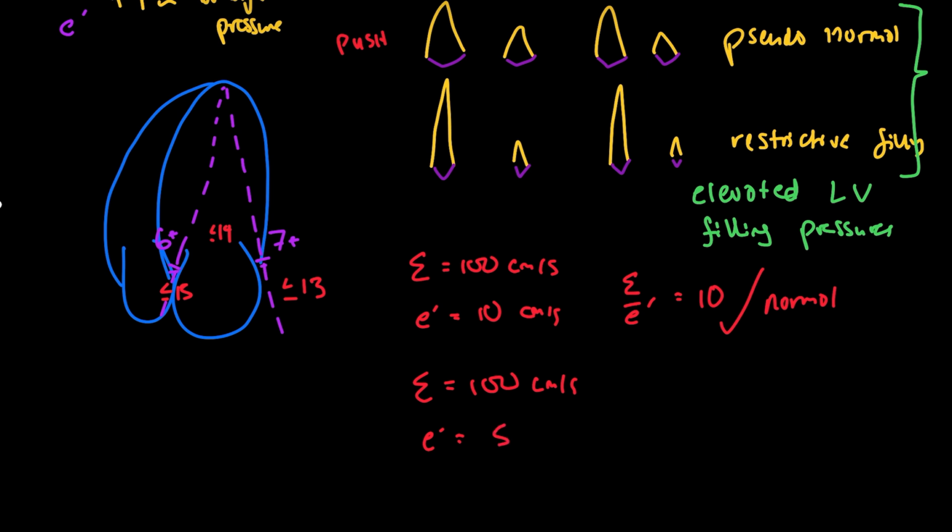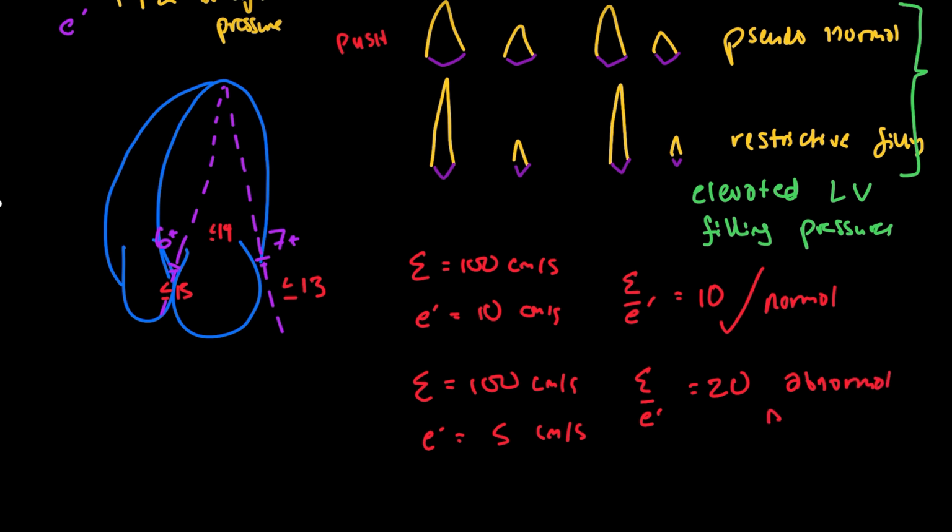And right off the bat, when we see that our E prime is reduced, we know something's wrong, whether it's impaired relaxation or pseudonormal or restrictive, something's going on. What's our E over E prime? Well, now our E over E prime equals 20, which is abnormal, which means we have elevated left-sided filling pressures.